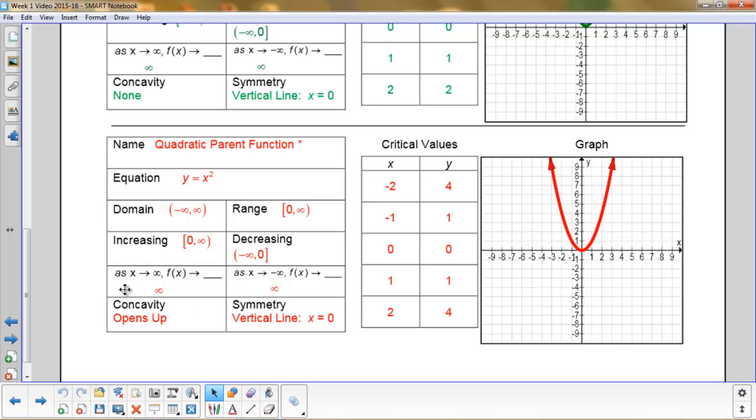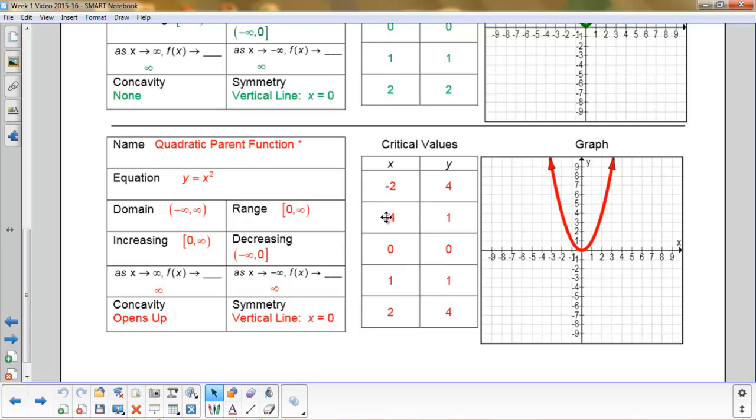But now we have a new type of concavity, and this concavity opens up. This is where you're able to see the difference in determining whether or not a graph has concavity. We notice that this line does not have a constant slope, and it's clear to see that when we look at the critical values of the graph.